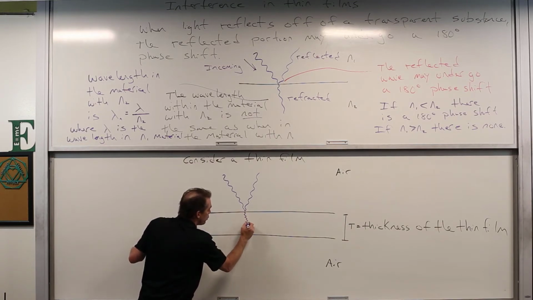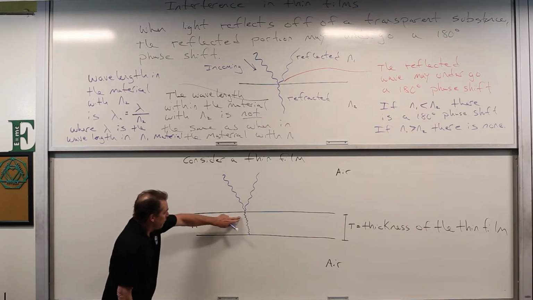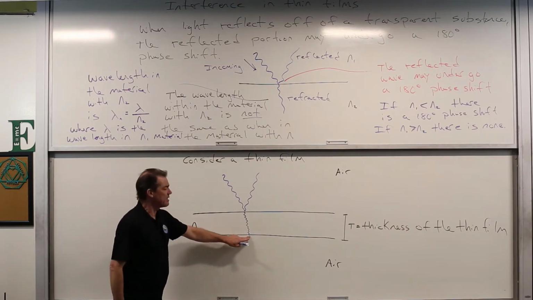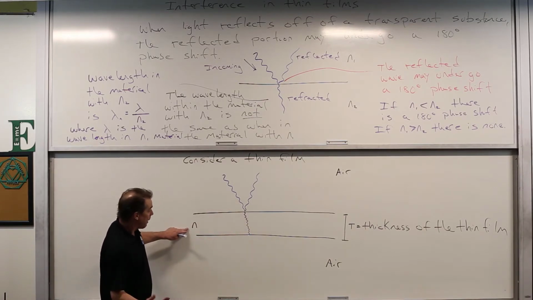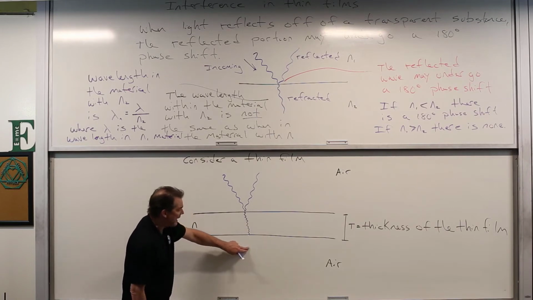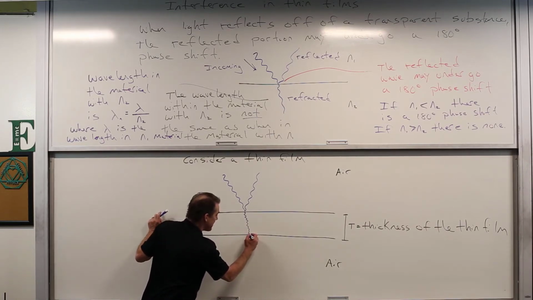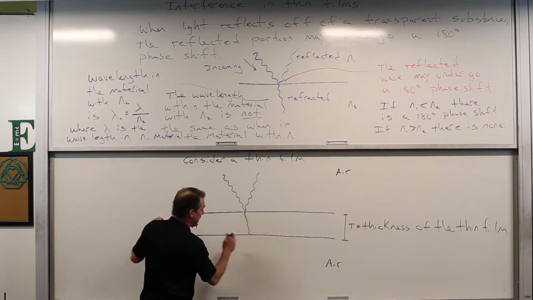Within here we've got a decrease in the wavelength, that's okay, but now it's hitting this other surface boundary between the soap bubble film and air again. So what's going to happen? Some of this is going to reflect off, and some of it is going to transmit back through into air.